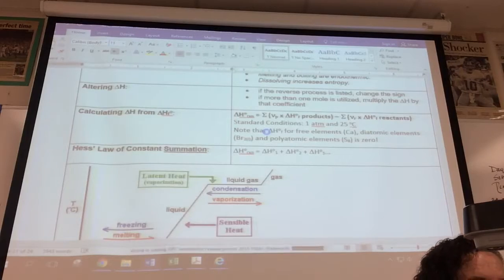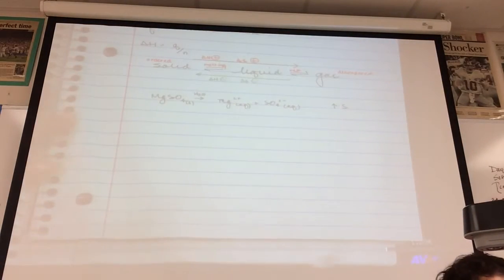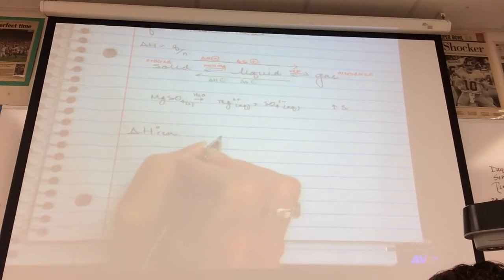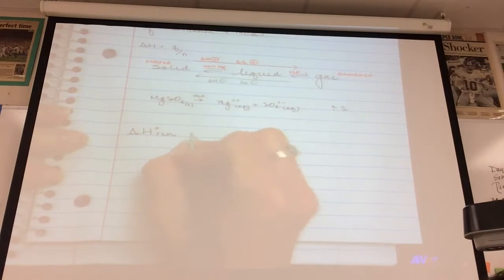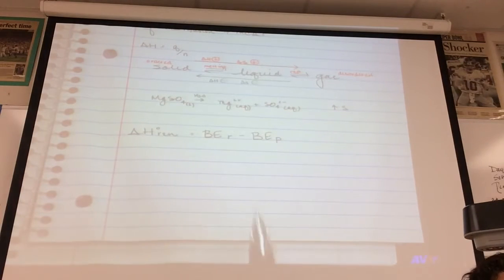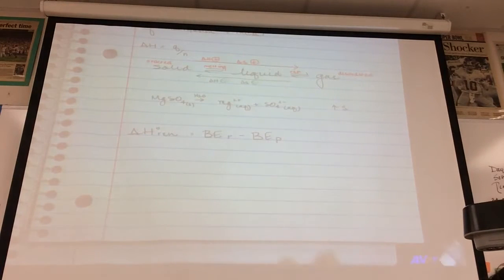The other thing I want to mention to you, and we talked about this the other day, you can calculate delta H of a reaction doing delta H's of formation of products minus reactants, but you also can do it for bond energy, and this is the one time it's going to be reactants minus products, and we talked about little burps or whatever it is you need to remember that.